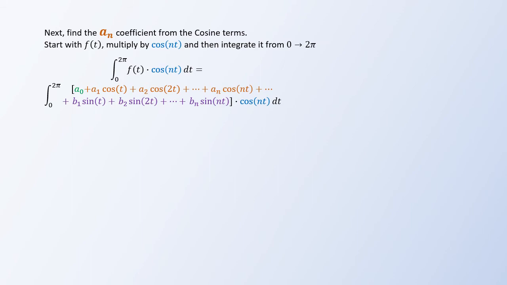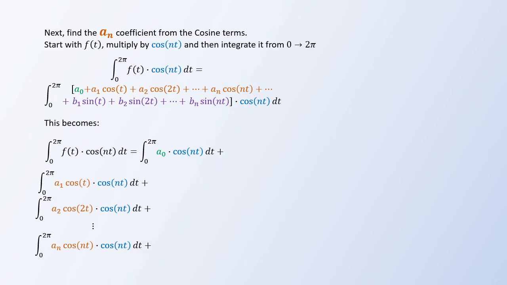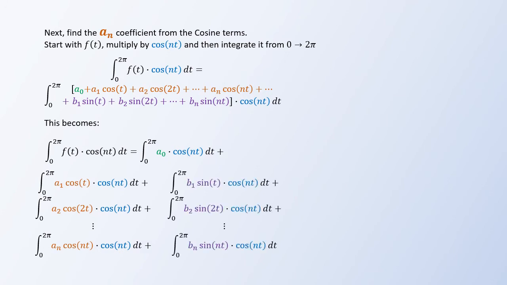Okay, so we have that whole mess in the square brackets times the cosine of nt there in blue dt. This becomes, well, here's the first term, the integral from 0 to 2 pi of a0 times cosine nt dt. Then we have all of the cosine terms, and we have all of the sine terms.